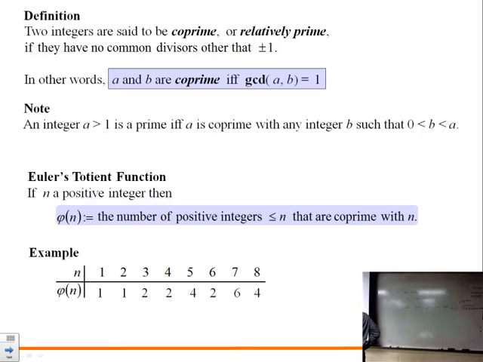Notice that if a number A is bigger than 1, then A is prime just in the case that A is coprime with every integer between 0 and A. So there are no common divisors between 1 and A minus 1.